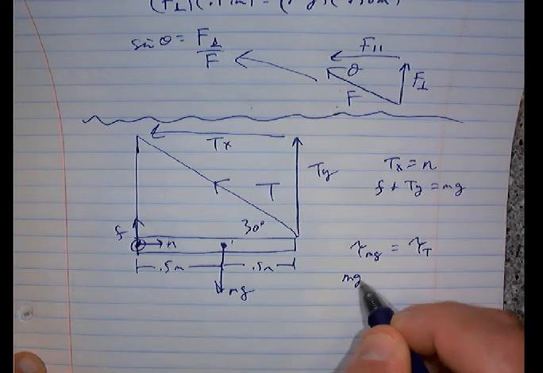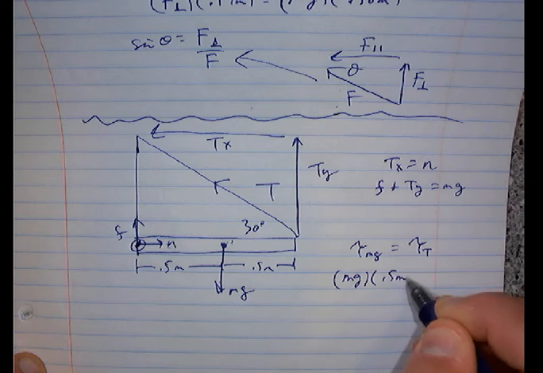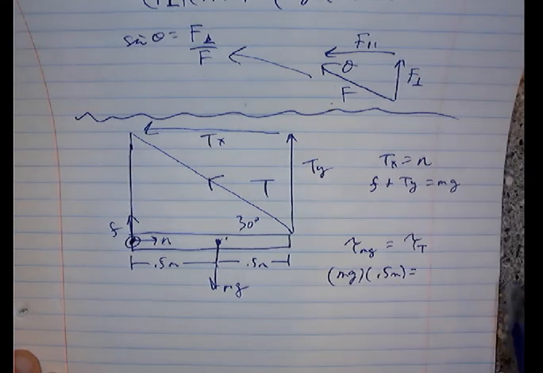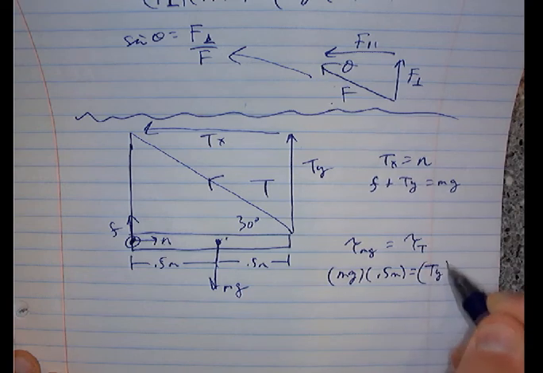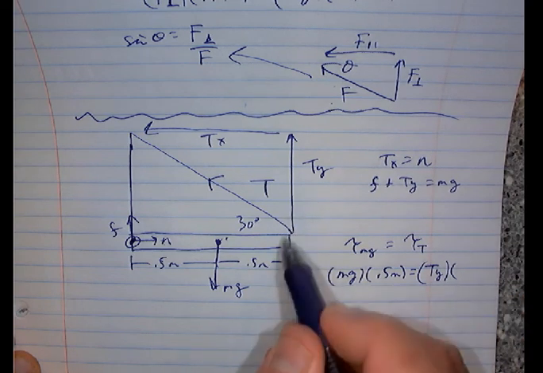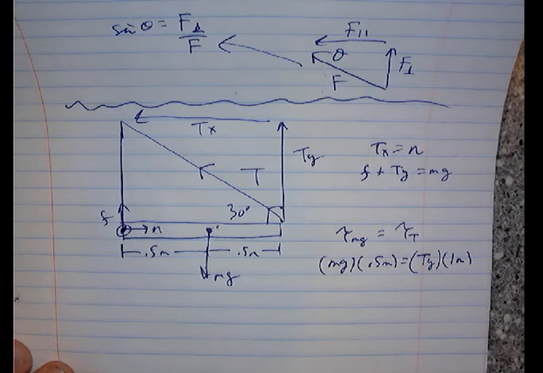So force, that's the perpendicular part of the force, it's the whole thing in this case, times 0.5 meters has to be equal to Ty, that's the perpendicular part of the force, right, this is perpendicular, times the distance to the pivot point, 1 meter.